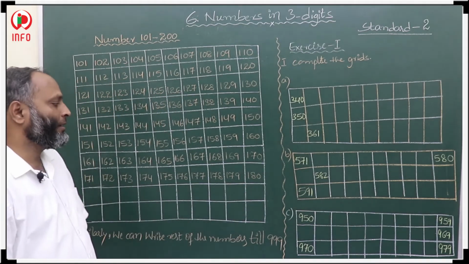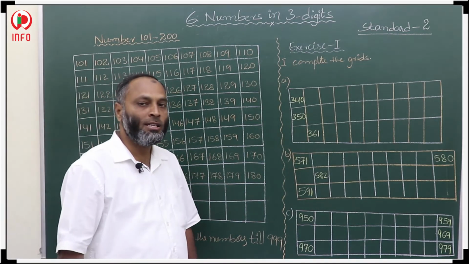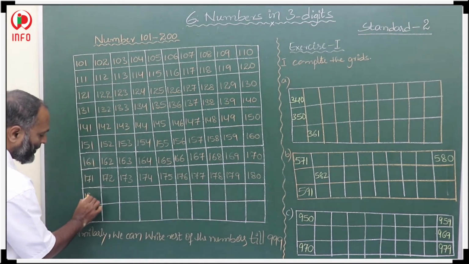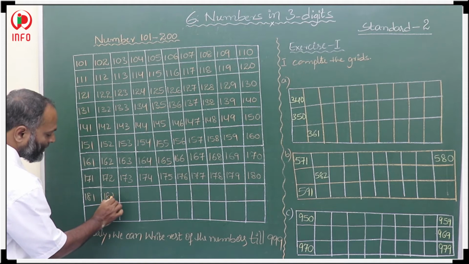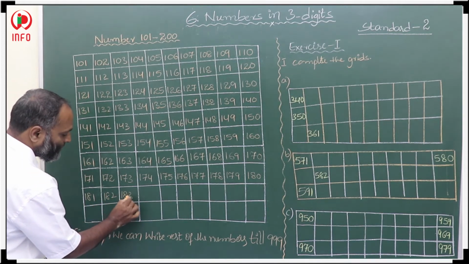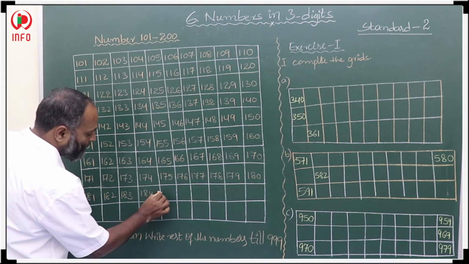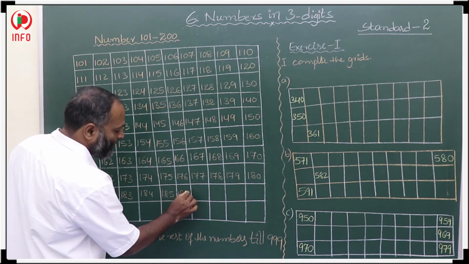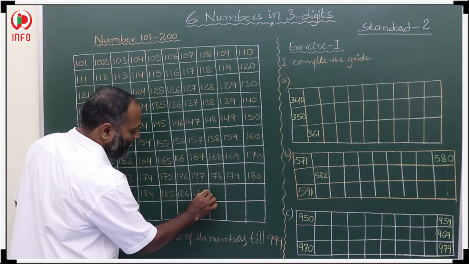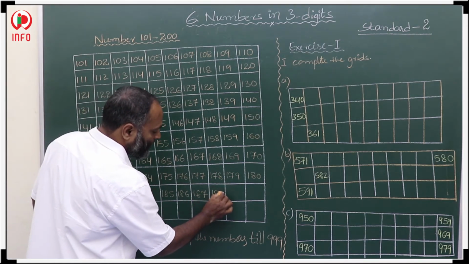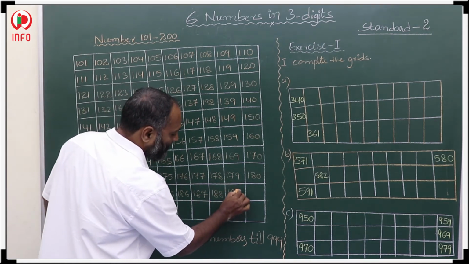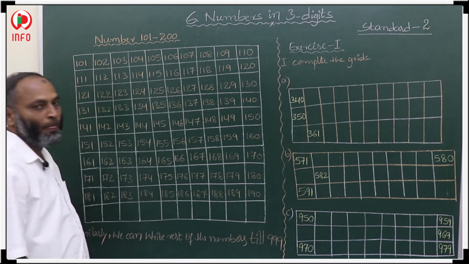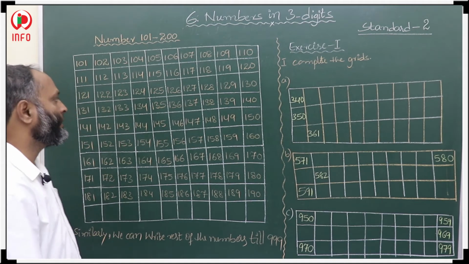After 79, 80. Next, 181, 182, 183, 184, 185, 186, 187, 188, 189, 190. Next.